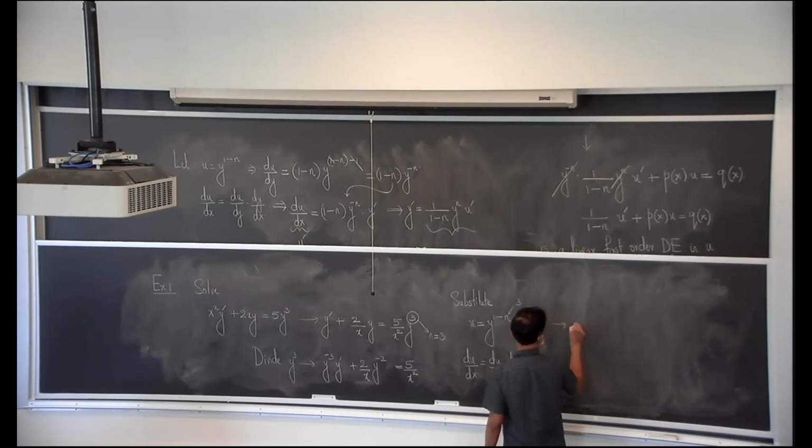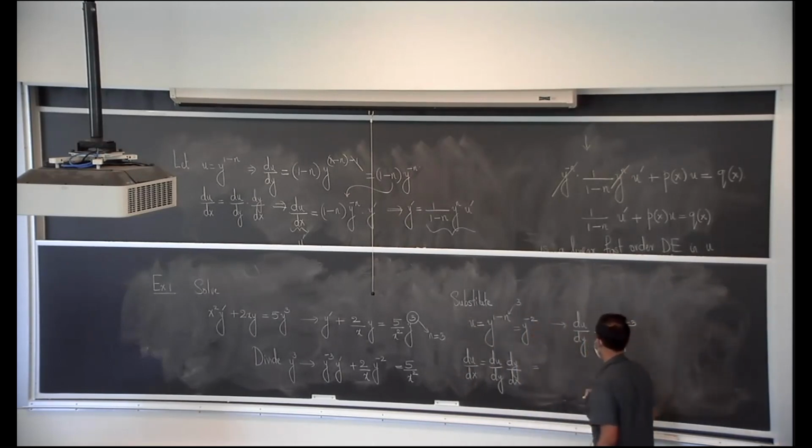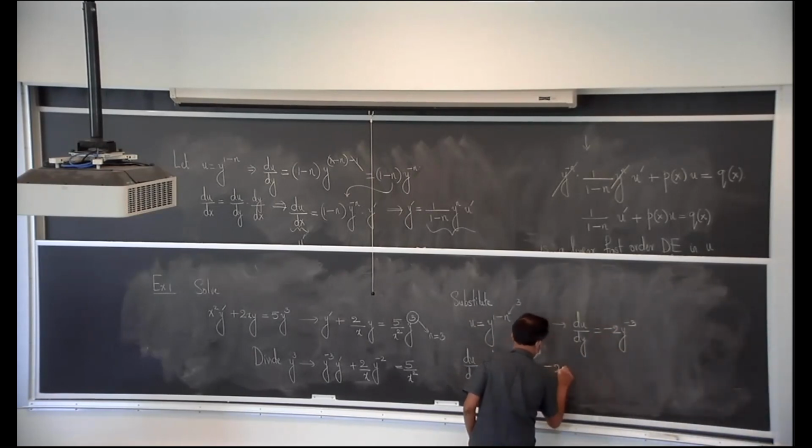So du dy is negative 2 y to the power of negative 3, times dy dx or y prime.